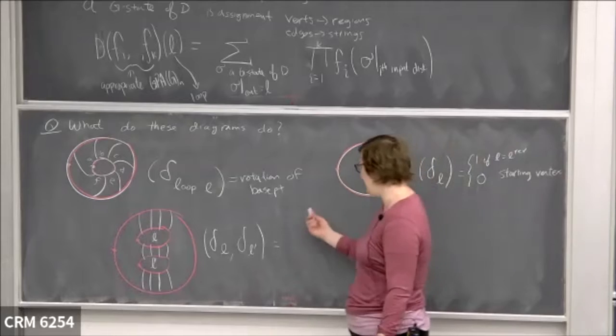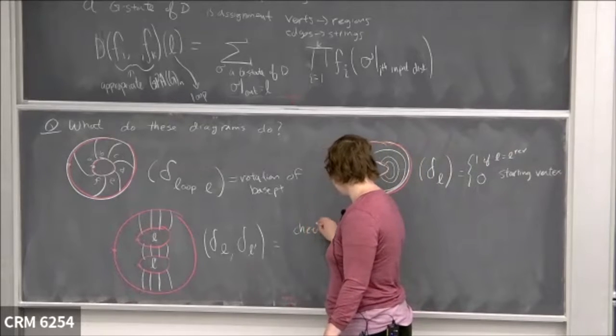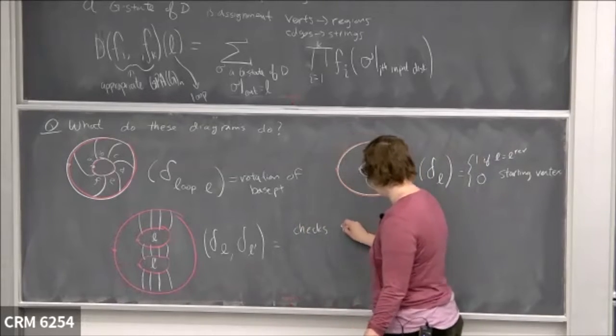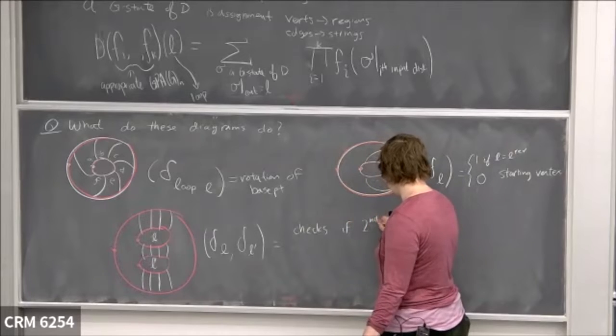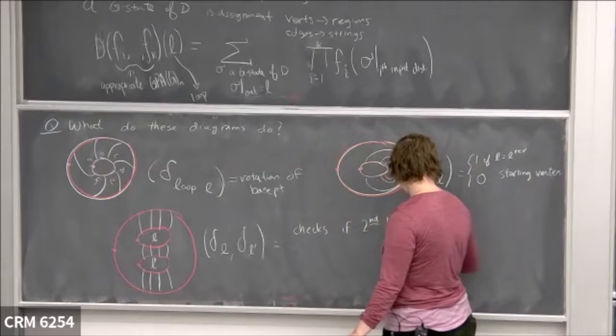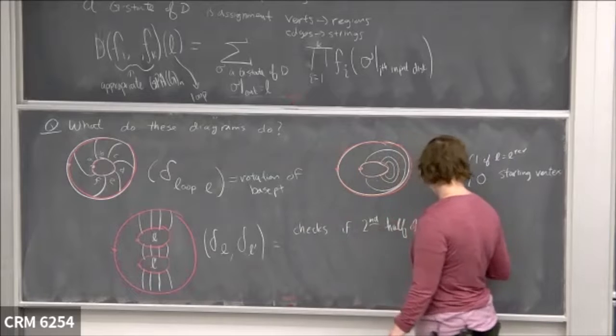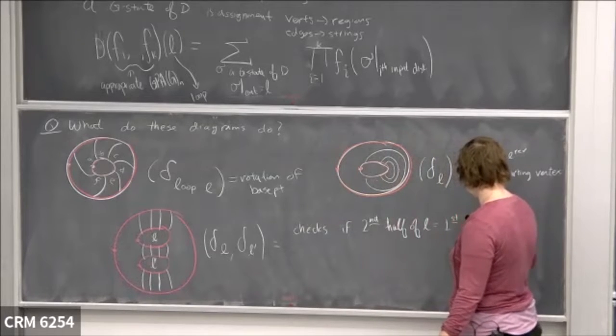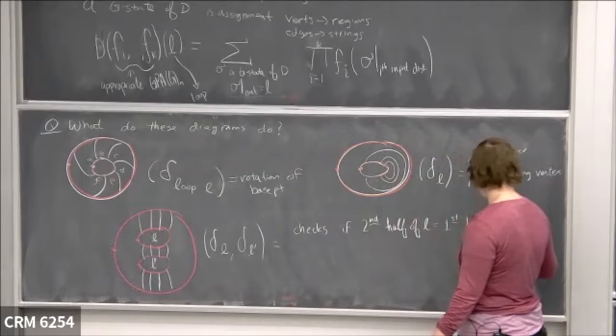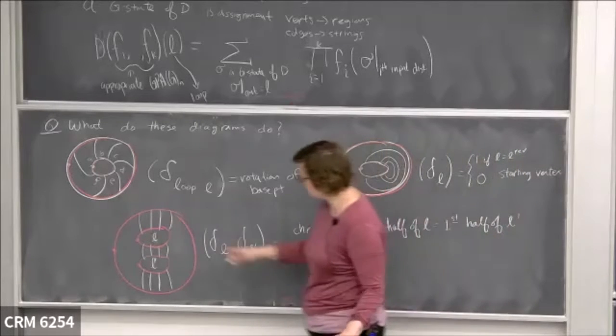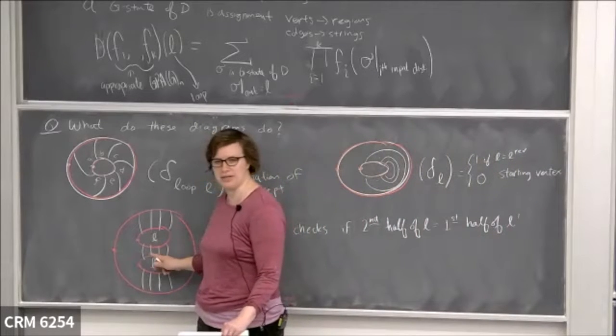It's checking if the second half of this... we'll just write this down verbally. It checks if the second half of L is equal to the first half of L prime, right? That's what these strings connecting L and L prime are doing.